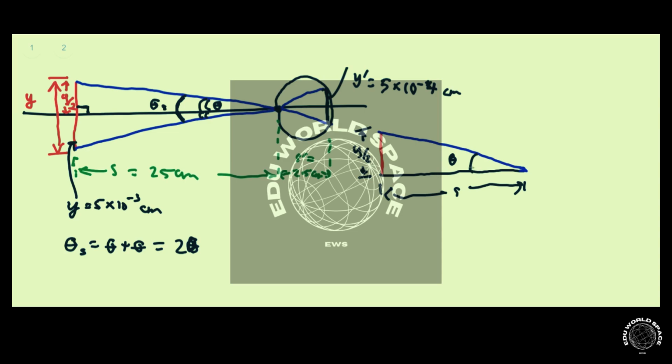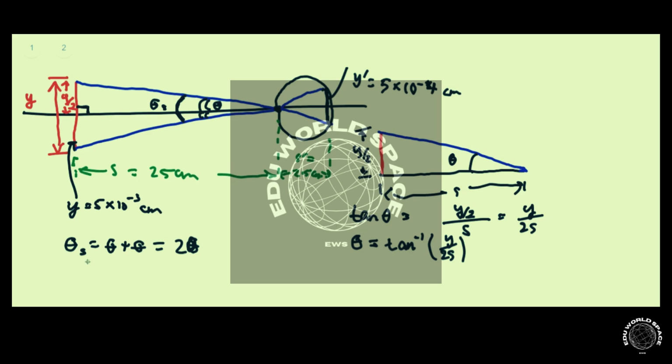Okay. And I want to find theta, so I can say, from trigonometry, we know that the tangent of theta is the opposite over adjacent. So that is y over 2 divided by s, which is y over 2s. I just took this 2 down there. And if I want to find theta, then I take the inverse tangent, or the arctangent, of y over 2s.